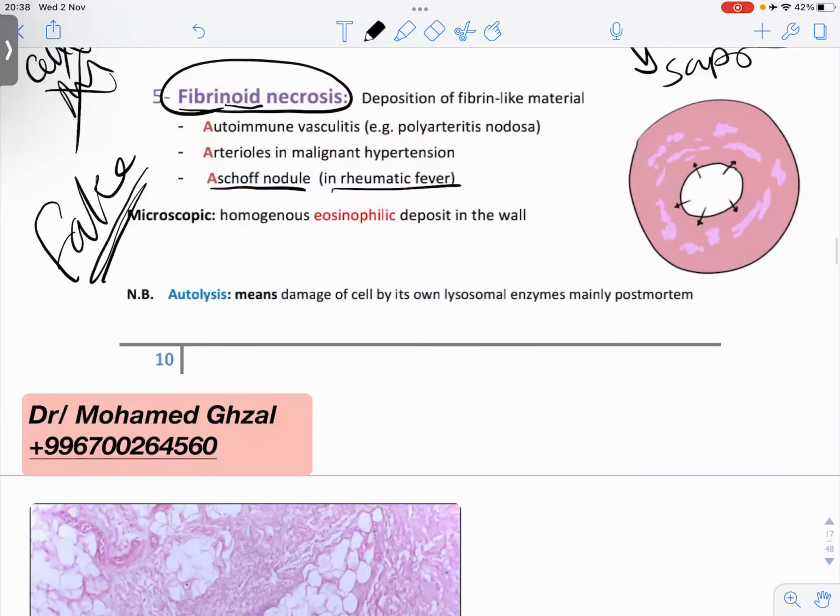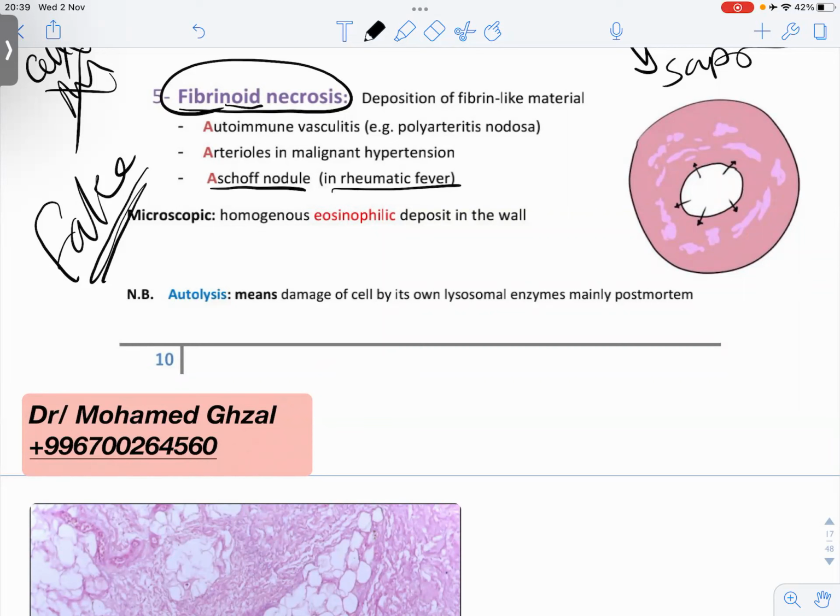And the last one is fibrinoid necrosis. Fibrinoid because it's a fake necrosis. They thought that this fibrin is a necrotic cell, but it's not necrotic cells. Some autoimmune diseases like polyarteritis nodosa, or during rheumatic fever, some auto antibodies.